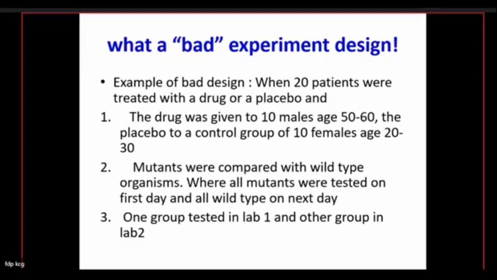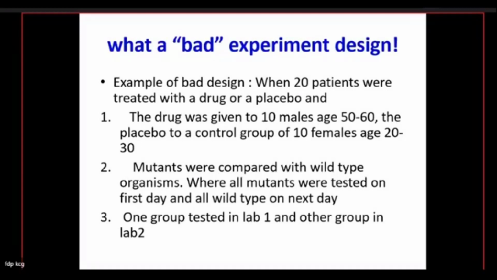If you are not able to conduct all the experiments in lab 1 or lab 2, then randomly divide the number of trials and tests, so that some of the experiments are done in lab 1 and others in lab 2. Some of the replications should be performed in lab 1, and similarly the replication and repetition should be performed in lab 2.